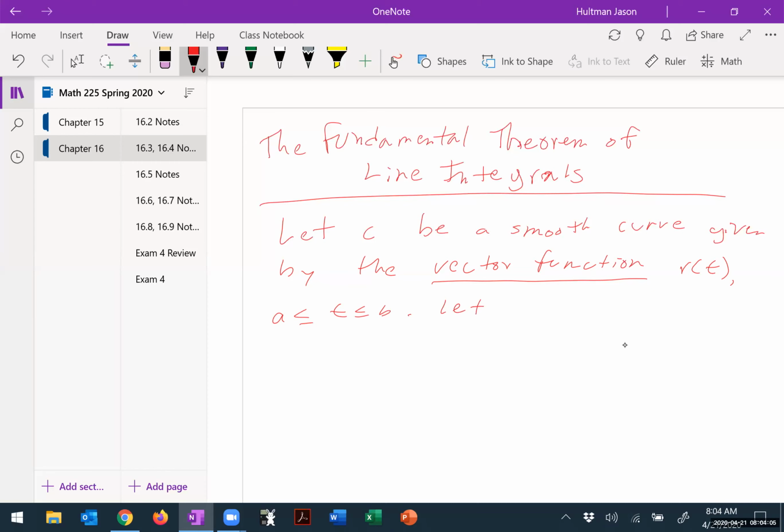Okay, let f be a differentiable function. Now this is lowercase f.